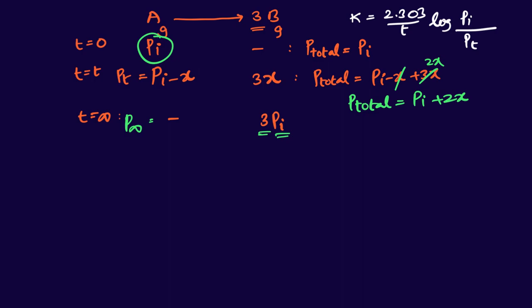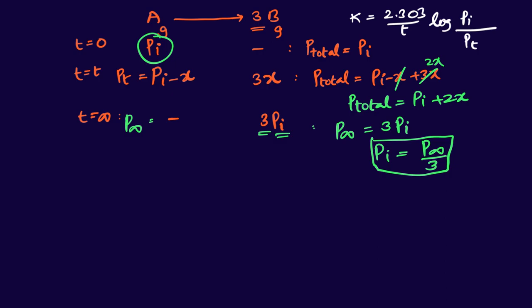Therefore, we can say pressure at infinite time is equal to 3Pi. And in this case, I can write Pi is equal to P infinite by 3. One equation, it will be useful later, so you have to remember this.